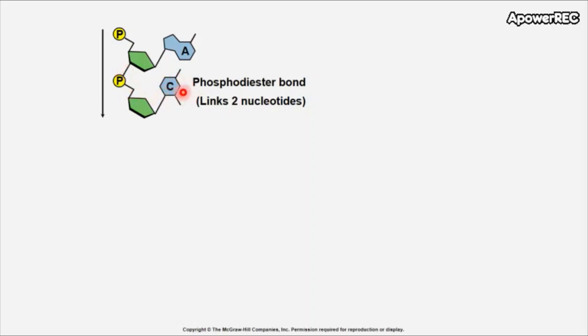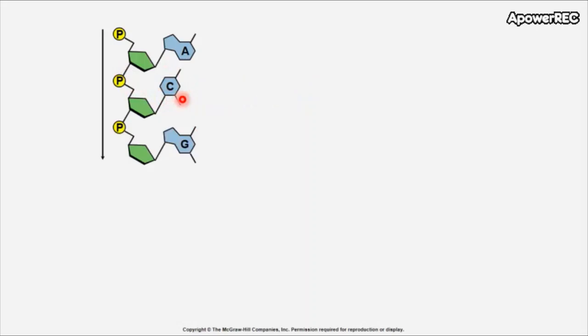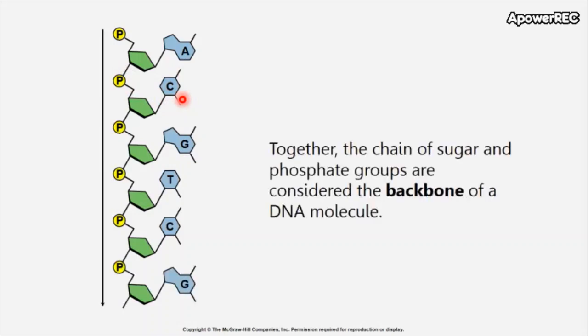And so we've attached a cytosine here. And this can be done again and again, a guanine, a thymine, and a cytosine again. As you can see, no matter what nucleotide base we use, we always have the same sort of reaction and this phosphodiester bond that links the 2 together.